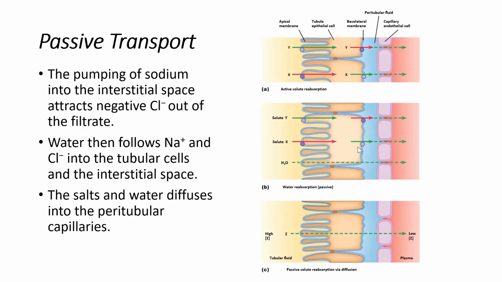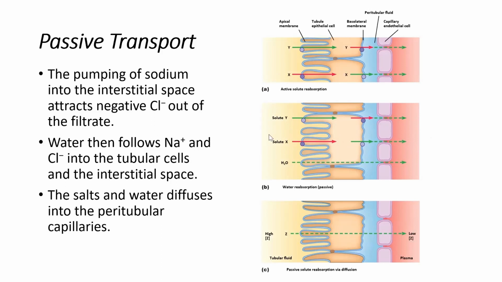Okay. Now, after we've done all of that, so we've moved these solutes and molecules over into the paratubular capillary via these three mechanisms, we now create a water gradient. So we have more solutes over here in the capillary, less solutes behind in the tubular fluid in the lumen, right, that filtrate there.